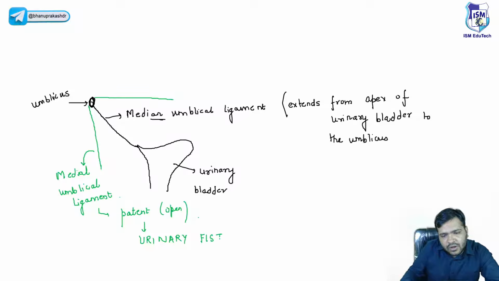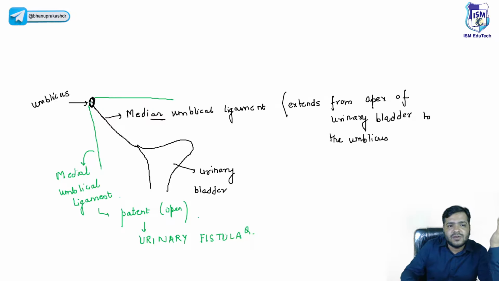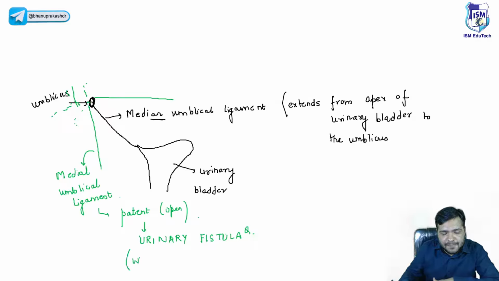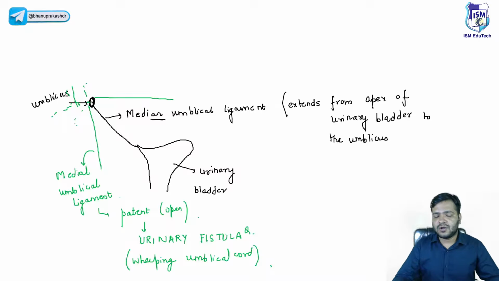This is an important topic in surgery, urinary fistula. The urine will start leaking through this ligament, that is, out through the umbilicus, it will not go downwards. So it will appear that the umbilicus is crying, so it is also called the weeping umbilical cord, or the crying umbilical cord. Some amount of urine will be dribbling out of the umbilicus because of this persistence.